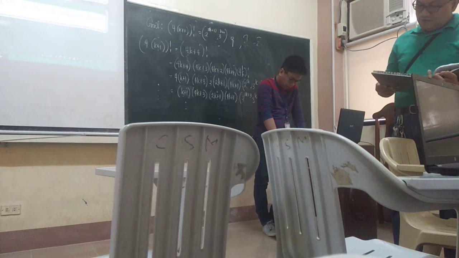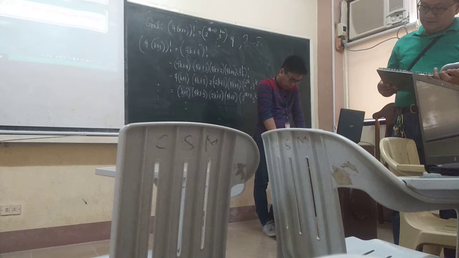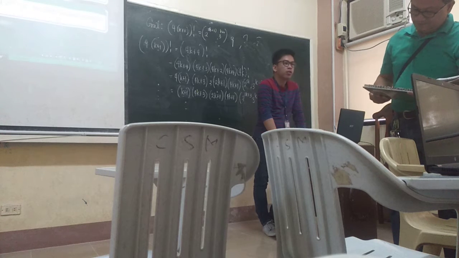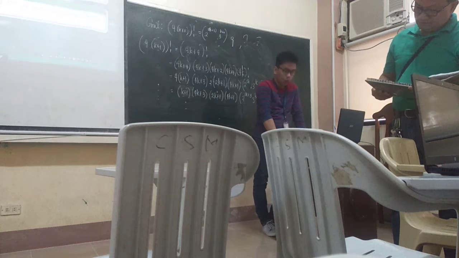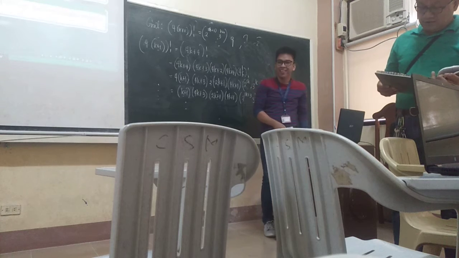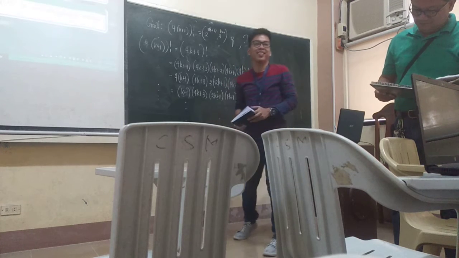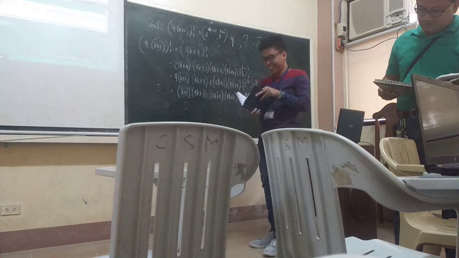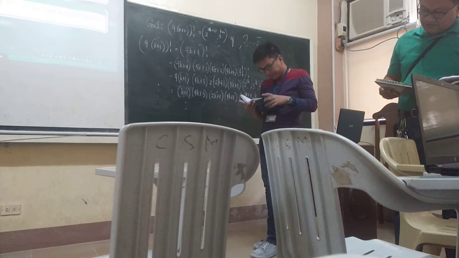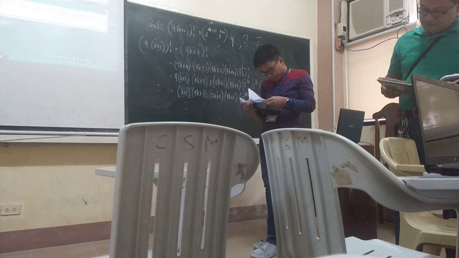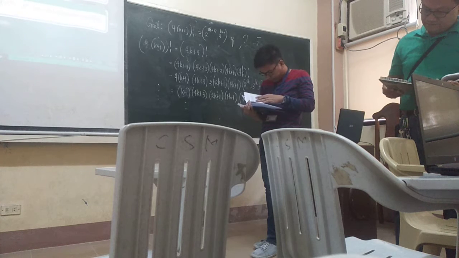1985. Okay, bago pa ng tao sa mga natin. Sino ito 1985? Okay, ako na lang. For each n in the natural numbers, n plus 2 is divisible by 2 to the n.